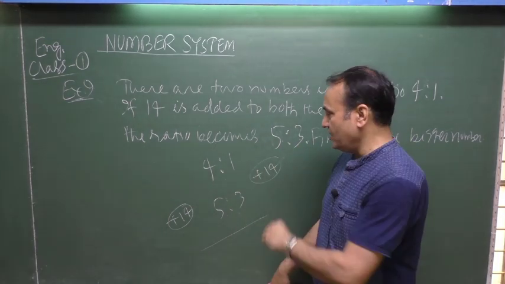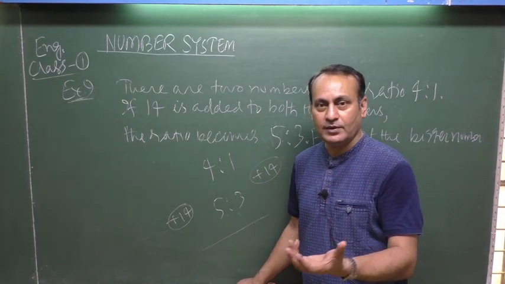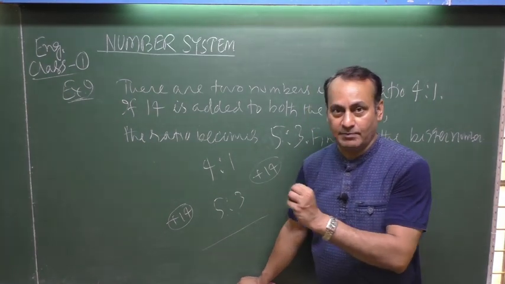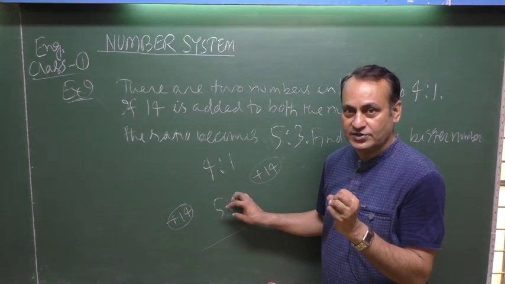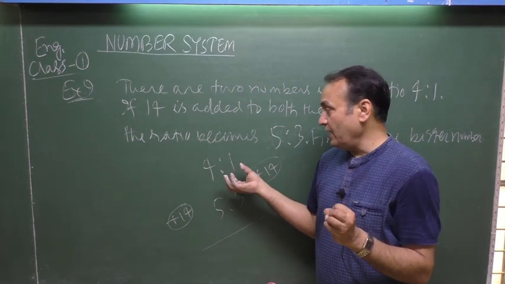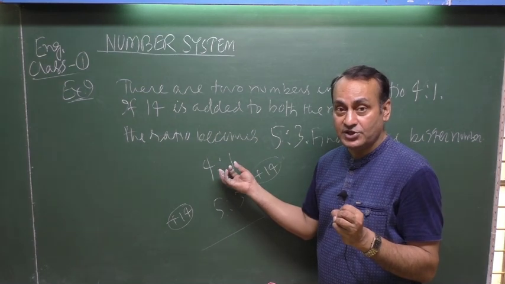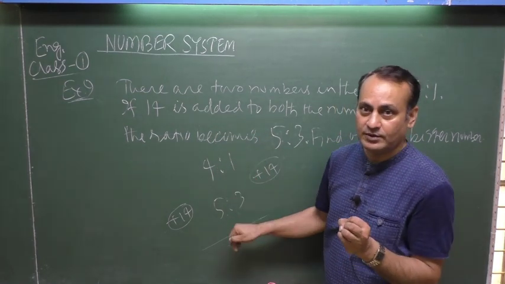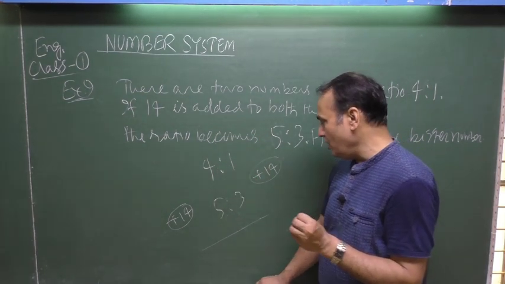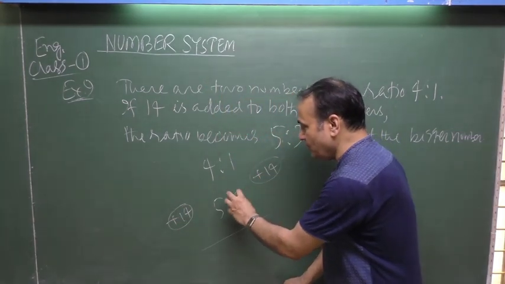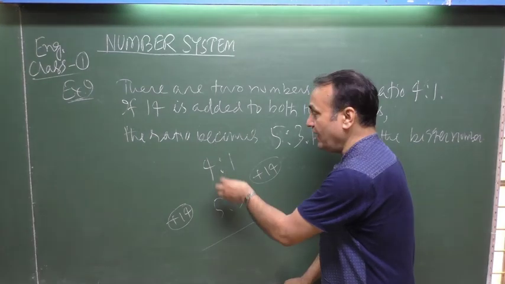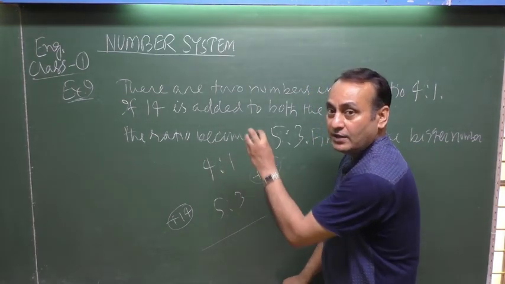In such a case, you have to multiply inversely. Find out the difference of these units, multiply there. Find out the difference of these units, multiply here.